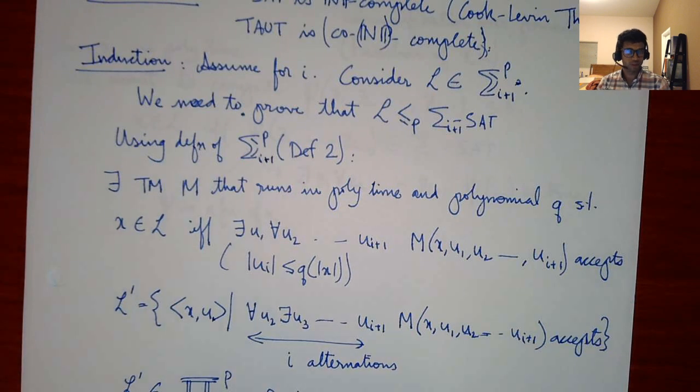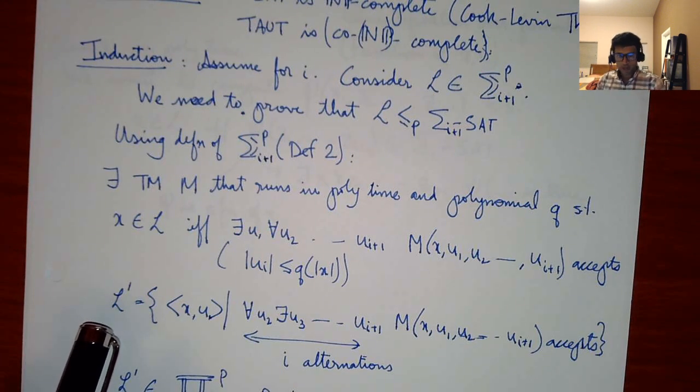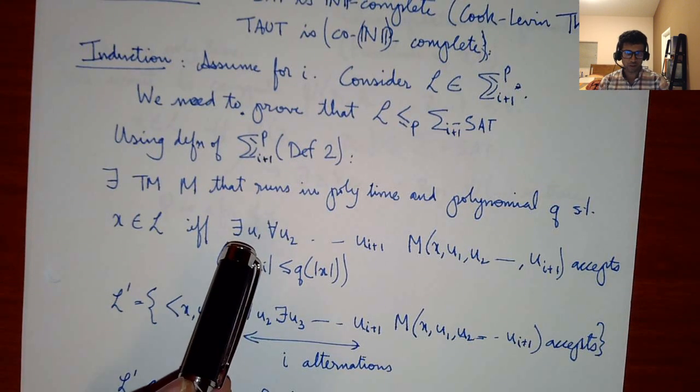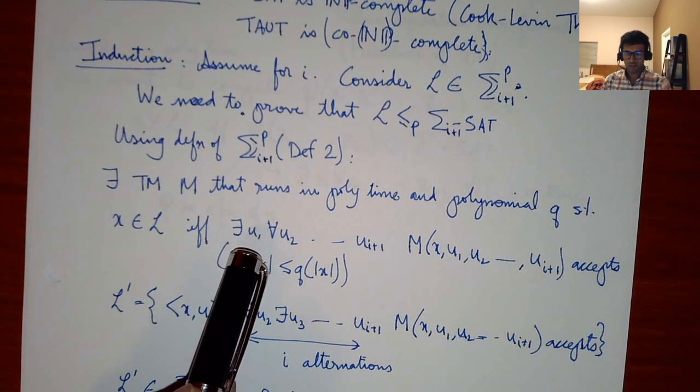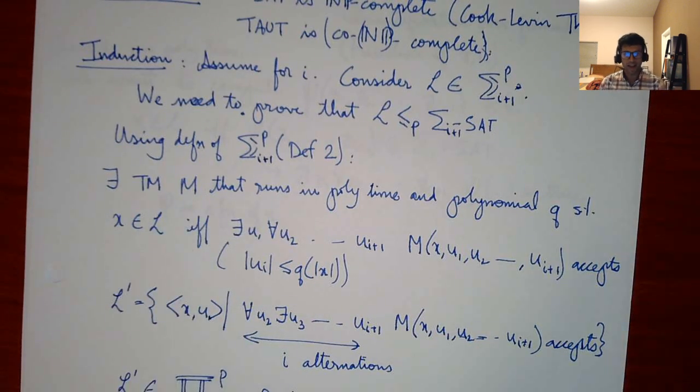Now the argument that you are going to see here is very common for understanding the polynomial hierarchy. I will create a new language L prime, where L prime is defined with respect to only I alternations. How do I do that? I take the first part of the certificate and simply fold that into the language. So I look at pairs x comma u1 such that for all u2 there exists a u3, so on and so forth, such that M(x, u1, u2, ...) accepts.